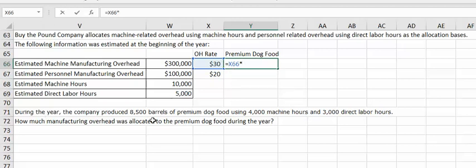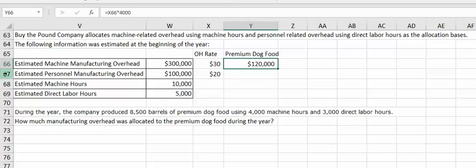Well, down here it's telling us it produced 8,500 barrels of premium dog food, but in doing that it used 4,000 machine hours. So we're going to multiply the 30 by 4,000. So 120,000 of the 300,000 is going to get allocated to the premium dog food as far as the machine related.